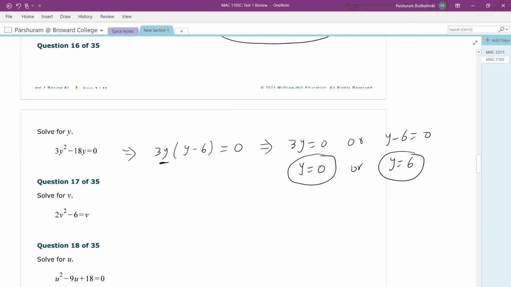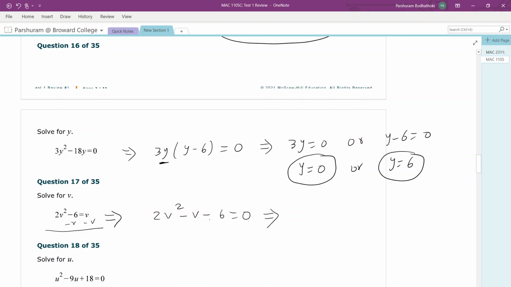Okay, let's solve problem 17. This is also a quadratic equation, but to solve it we need 0 on the right side, so we can just subtract v from both sides. By doing that, our equation becomes 2v squared minus v minus 6 equals 0. You can solve this by factoring this trinomial.